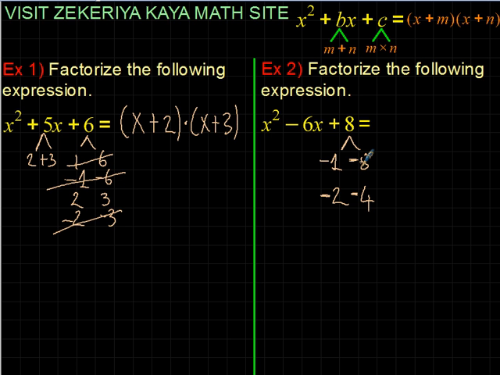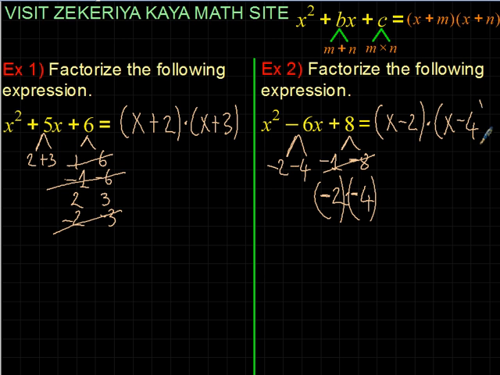Minus 8 minus 1 makes minus 9. So I need minus 6: minus 2 and minus 4. When we multiply them, we have plus 8. When you add them, you will have minus 6. So minus 2 and minus 4 are the numbers to factorize this expression. X minus 2 times x minus 4 is the factorization of this expression. Let's go to the next page.